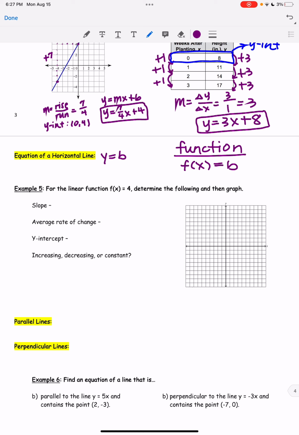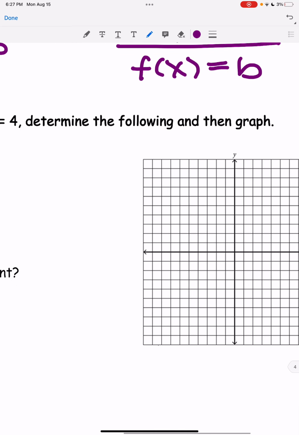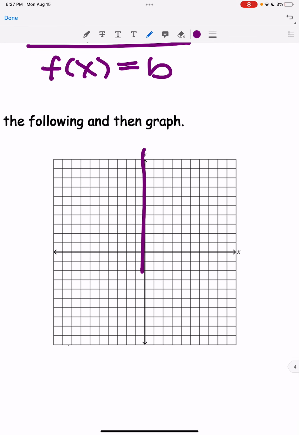So it says for the linear function f of x equals 4, determine the following and then graph. This is almost easier to graph and then answer the questions. So I'm going to graph first. F of x equals 4. On your y-axis, you're going up 1, 2, 3, 4.